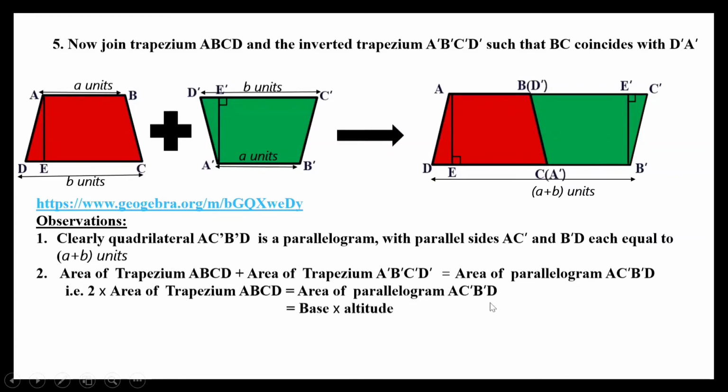Base is how much? A plus B, and the altitude height is how much? It is equal to H. So the area of the parallelogram is equal to twice the area of the trapezium, which is equal to base into altitude. That means the area of the trapezium will be equal to half of the base into altitude, the base being A plus B, the altitude being H. So I get that the area of the trapezium is equal to half into A plus B into H.